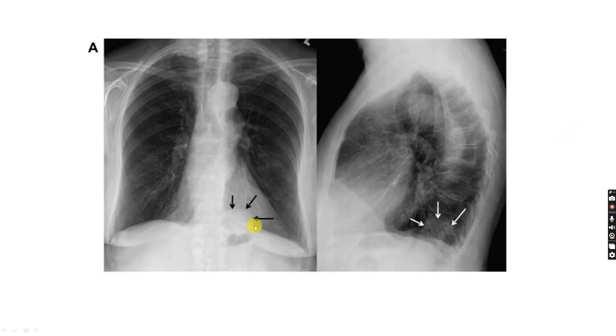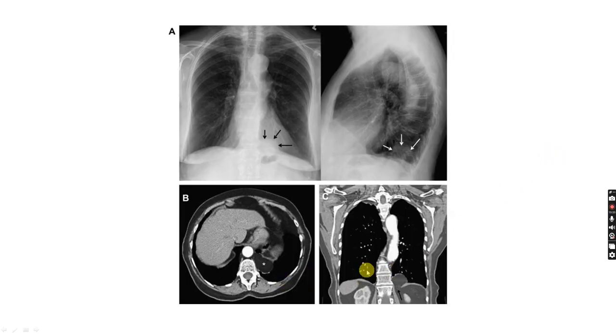Then this is an opacity. It is not obscuring the heart border. On the lateral, you can see this opacity here. Then on CT, you can demonstrate a defect in the diaphragm and the fat herniating into the chest. So it is a Bochdalek hernia. Morgagni hernia will be anterior.